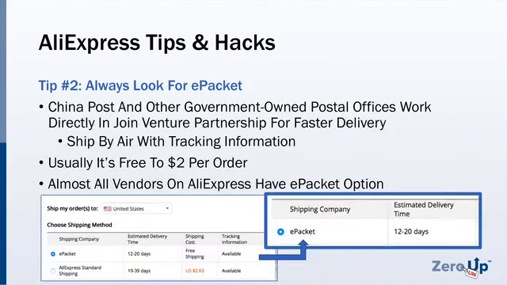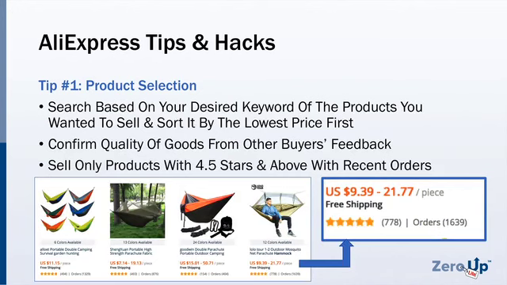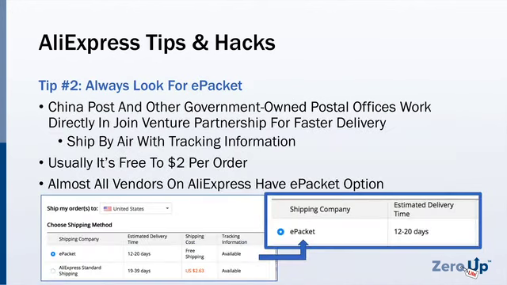But on top of that, I would always do the second thing, which is looking for an e-packet. So not only do you want to make sure that the product itself aligns with all these numbers, you want to make sure that this product can be shipped by e-packet. And what e-packet really is, it's called e-commerce packaging.